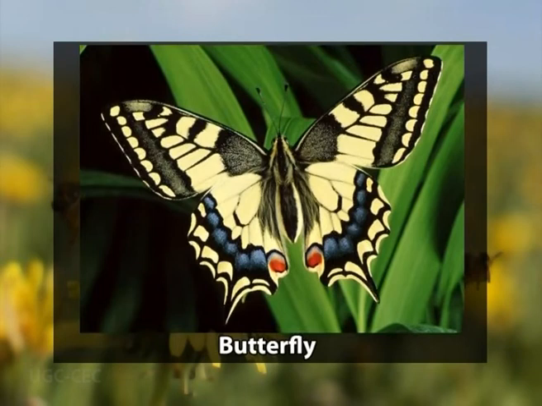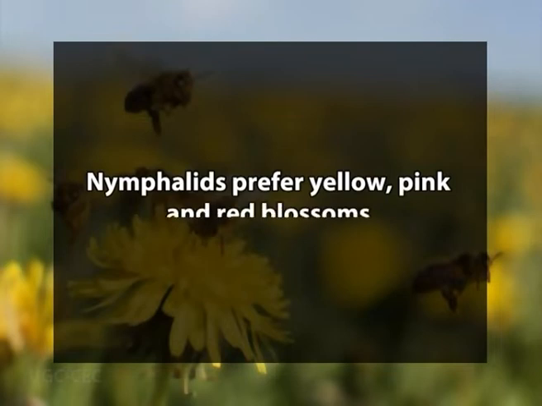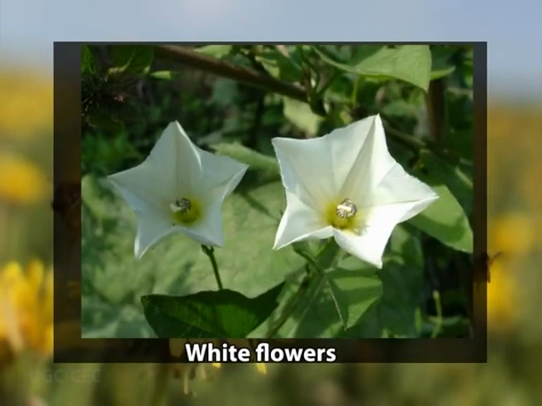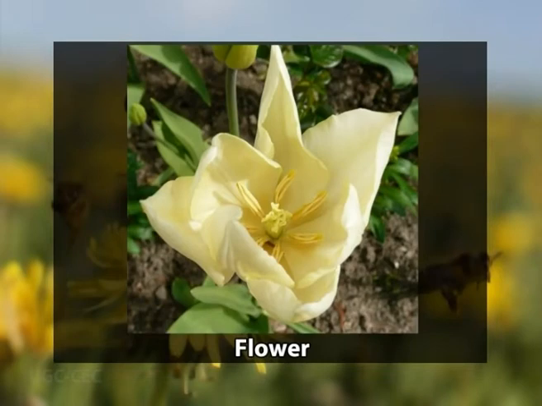Butterflies like white, yellow, orange, pink and red color. The primitive ones such as nymphalids prefer yellow and other pink and red blossoms. Nocturnal moths usually prefer strong whites, creams, pastel shades that are conspicuous in poor light, but they require strong odor cues.